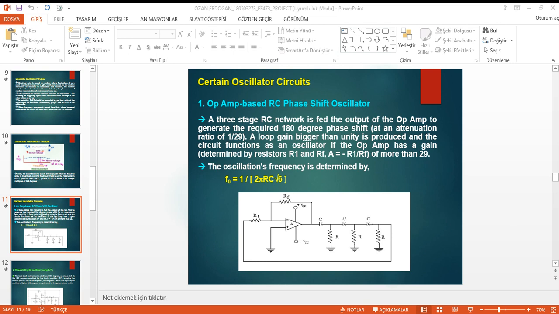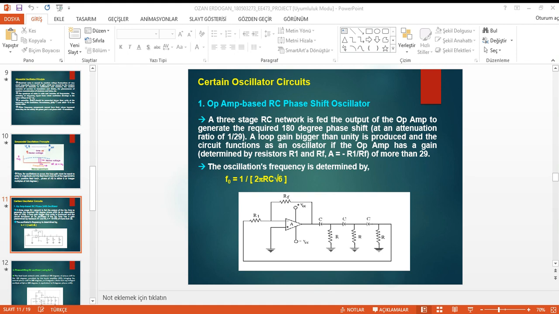Certain oscillator circuits. Firstly, the OP-amp based RC phase shift oscillator.